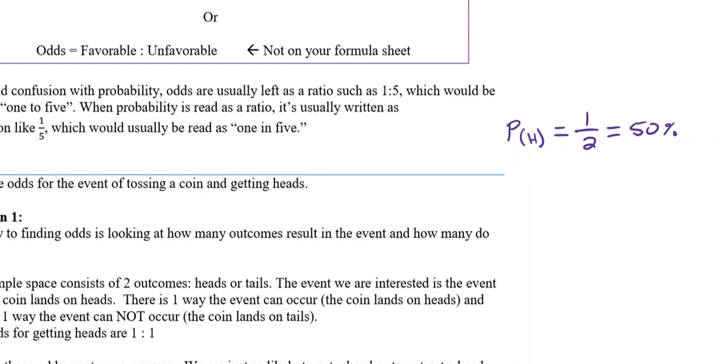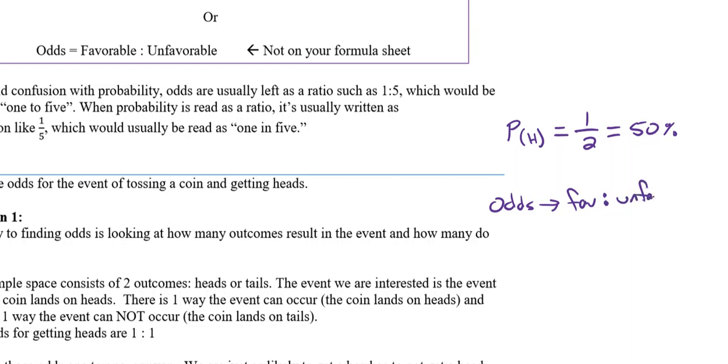Now, it's a little bit different with the odds. Odds is going to be equal to favorable, dot dot, just our 2 dots like that, unfavorable.